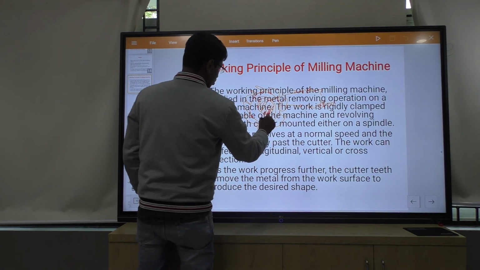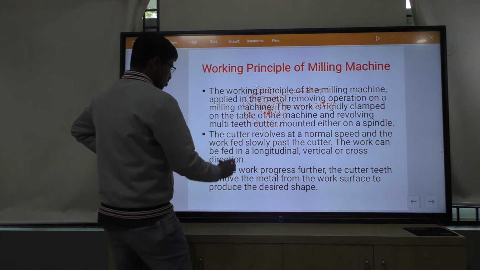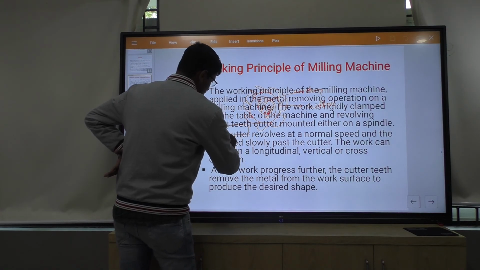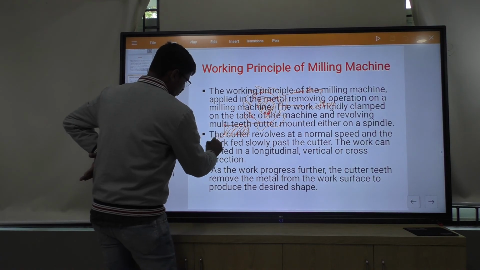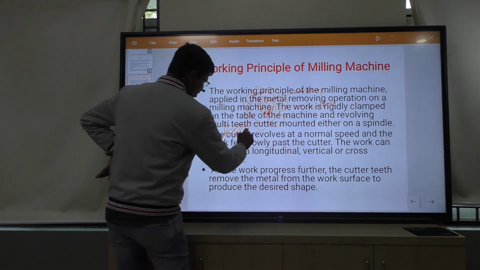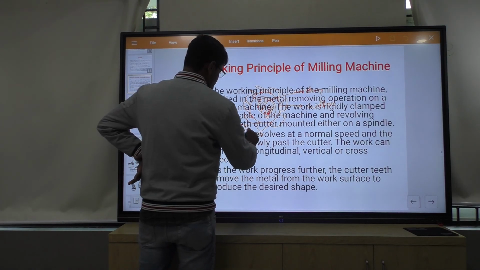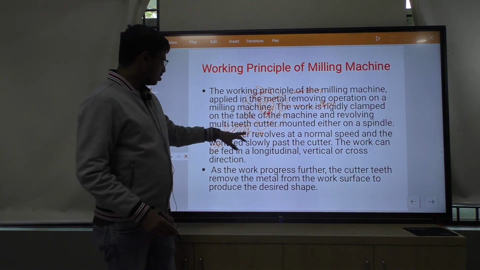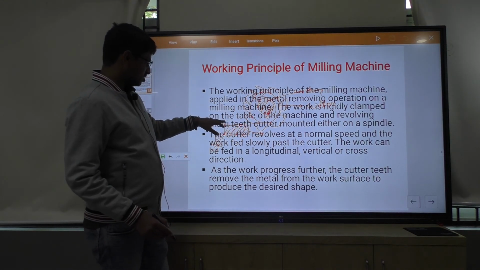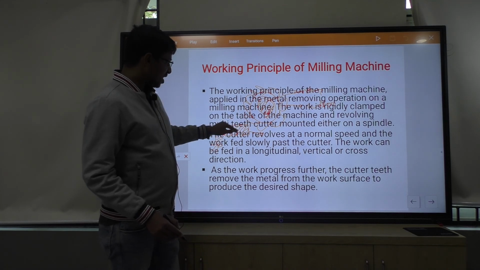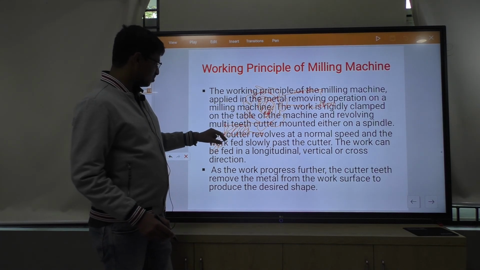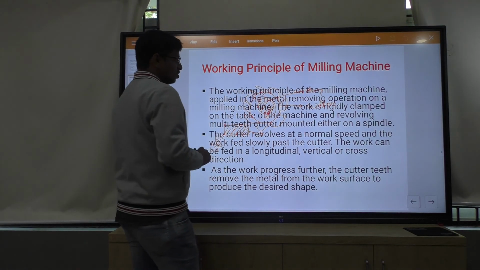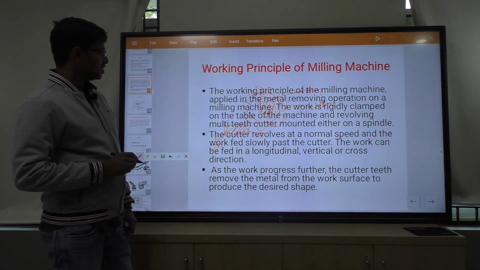Suppose the milling cutter is rotated in the clockwise direction. Then if we place this workpiece in this direction, the teeth of the milling cutter remove material from the workpiece. It means the work is fed against a rotating multi-point cutter, and then material is removed. This is the working principle of the milling machine.